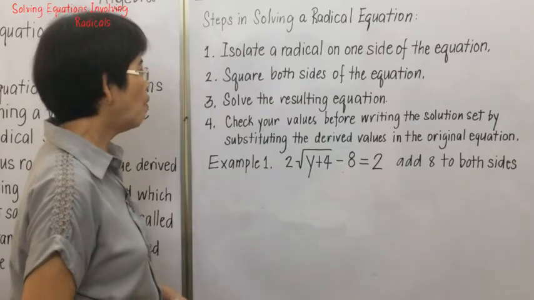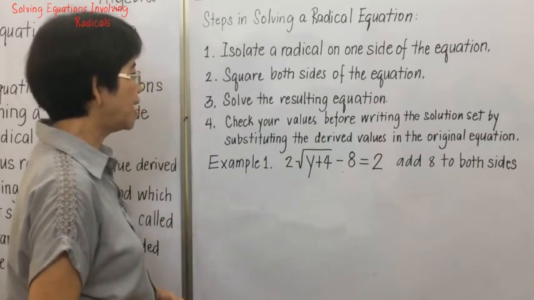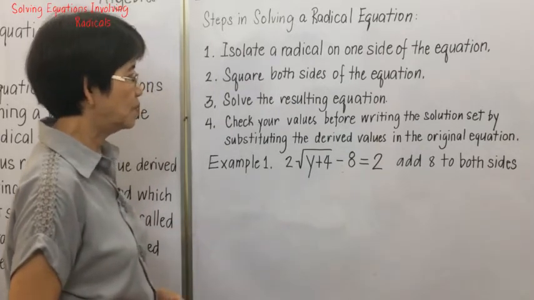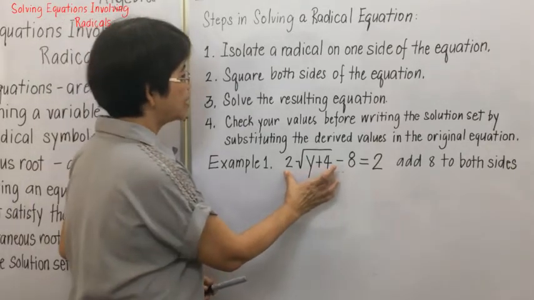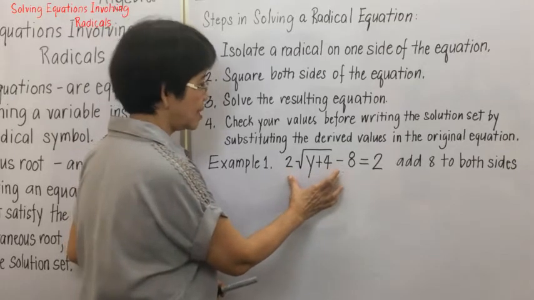2 square root of y plus 4 minus 8 is equal to 2. Add 8 to both sides so that we'll be able to isolate this radical.